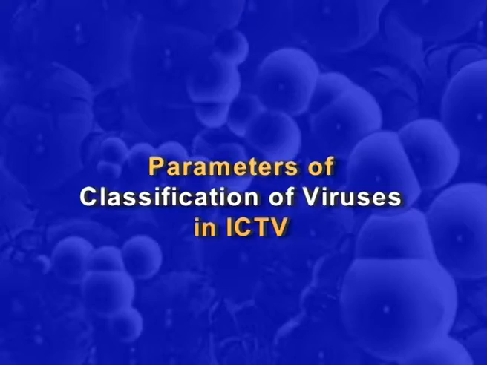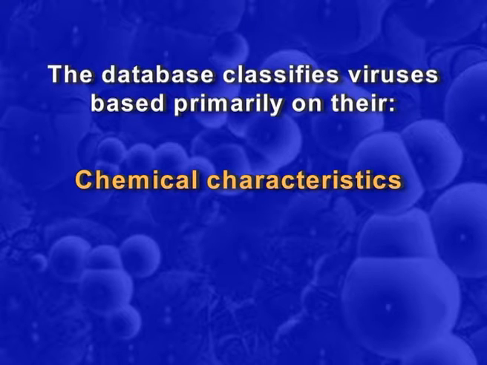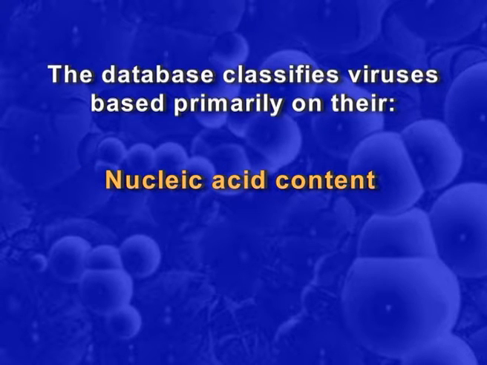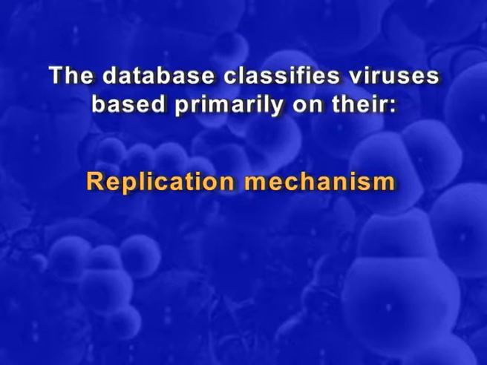Now, let's have a look at on what parameters the classification of viruses was done in ICTV. Number 1, the criteria that they used for the classification was the chemical characteristics of the virus. The second feature that was used was the nucleic acid content of the virus. As we all know, viruses can have either DNA or RNA in their genomes. So, this second point was taken into account. The third point was the replication mechanism of the viruses.